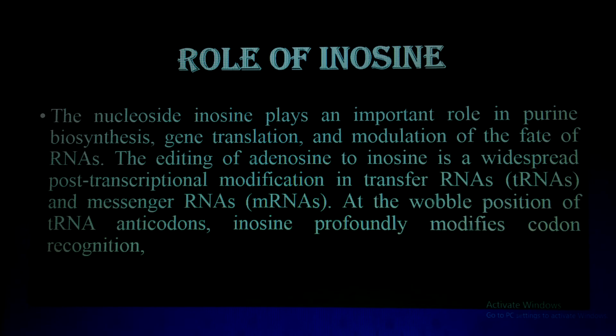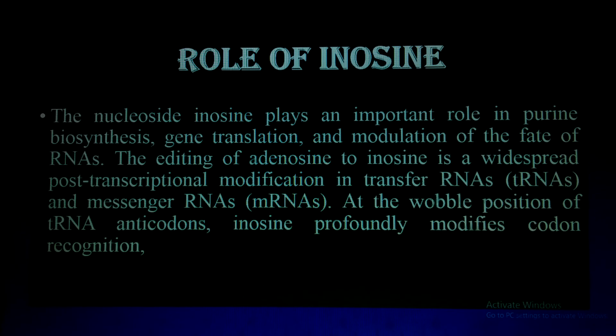This editing is responsible for the adenosine to inosine change, and it occurs at the post-transcriptional stage in transfer RNA, and also it is found in the messenger RNA. But the Wobble hypothesis is related to the modification in transfer RNA.